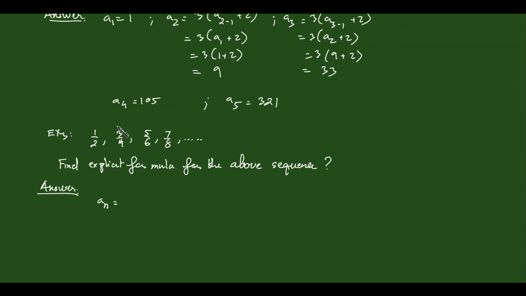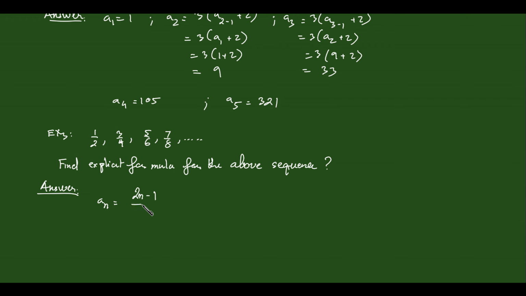Because you never learned arithmetic sequences, it's a little bit hard to write the explicit formula. Because it jumps by 2, I can write the numerator as 2n minus 1, right?